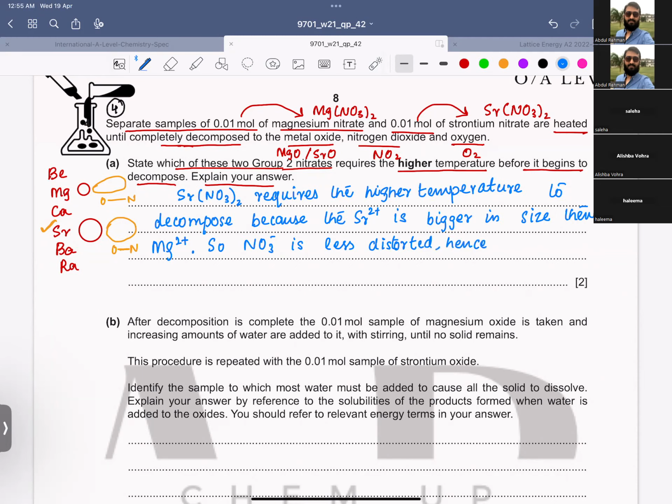Hence, the nitrogen-oxygen bond is stronger in strontium nitrate. Is this understandable? Yes, sir. Okay.